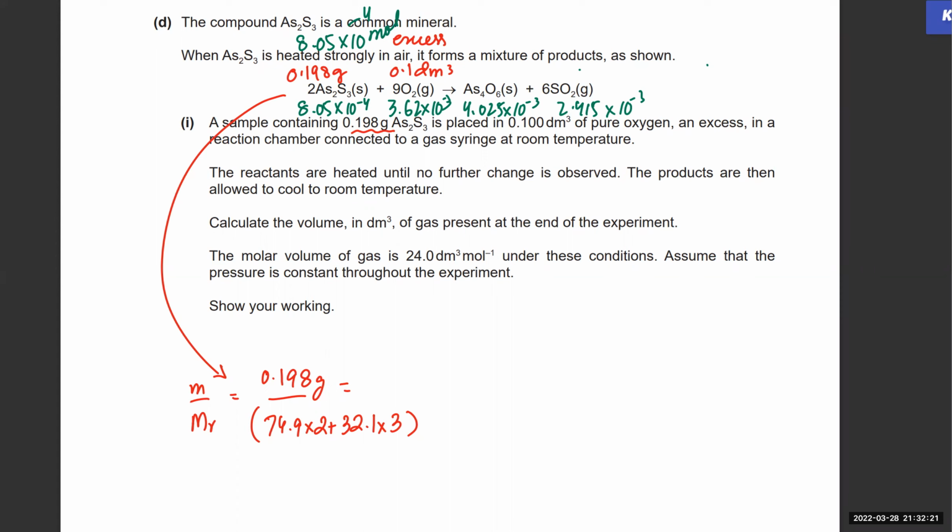So we've gotten all these values. Now, he's saying calculate the volume in dm cube of gas present. So first thing, this is the gas that we are getting. That's my product. So first I'm going to figure out the volume of SO2. He's already given me that the molar gas volume is 24 dm cube under these conditions. So we're going to just multiply it by 24.